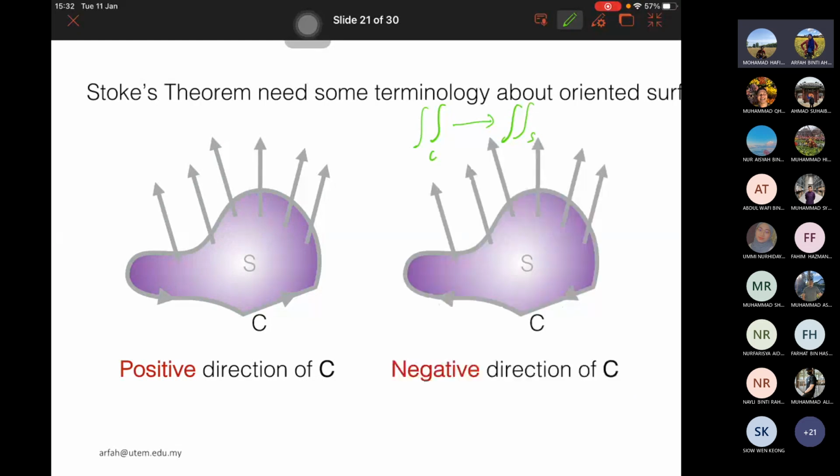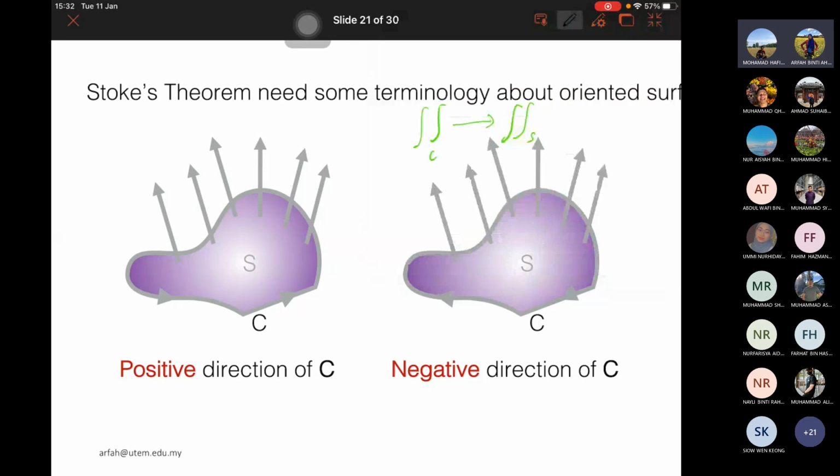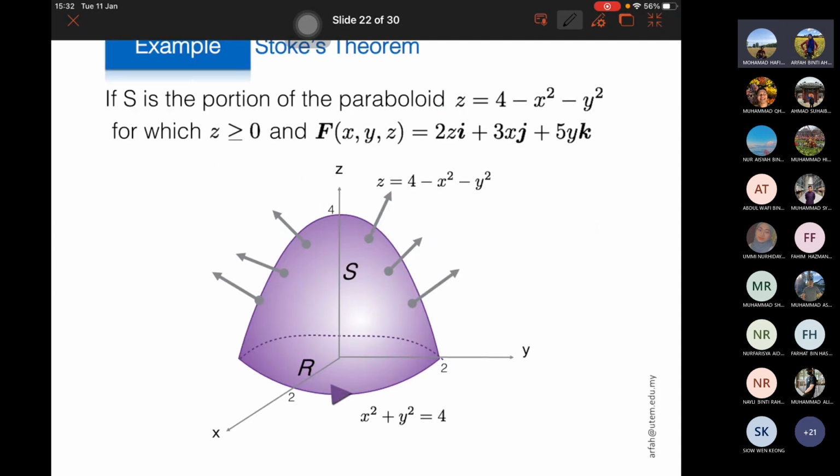So from here, dia akan ada terminology about the direction of C. If C follows the counter clockwise rotation, dia akan ada positive direction of C. And then if it follows the clockwise rotation, then you are going to have the negative direction of C. So normally in solving the problem involving the Stokes theorem, the question will give you information whether the direction of the curve C is negative or positive. Okay, these two.